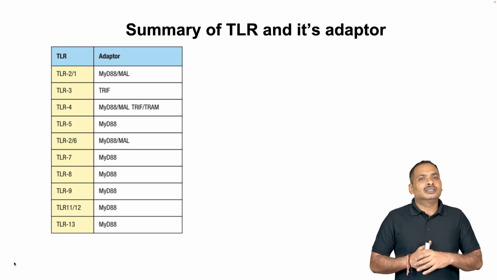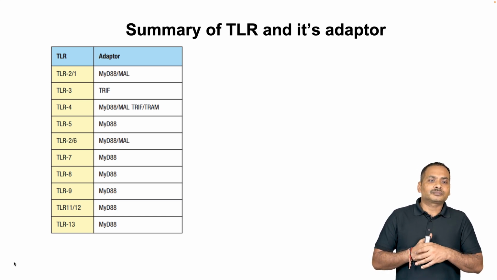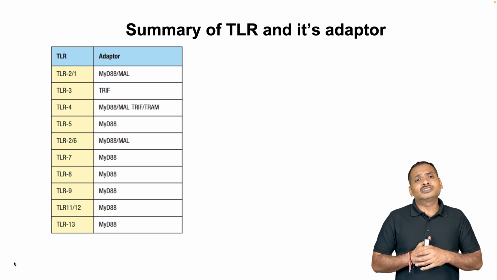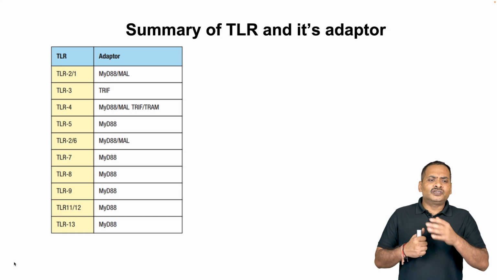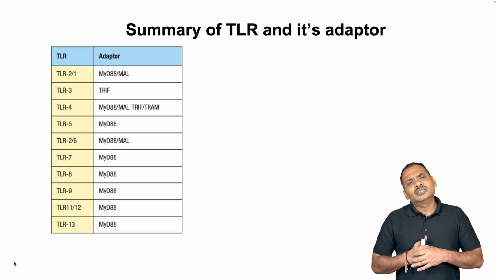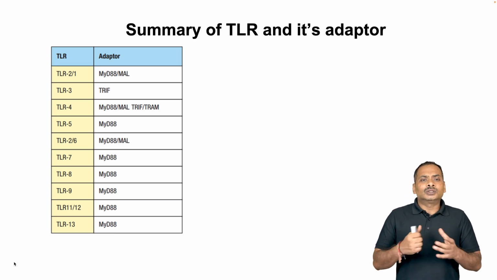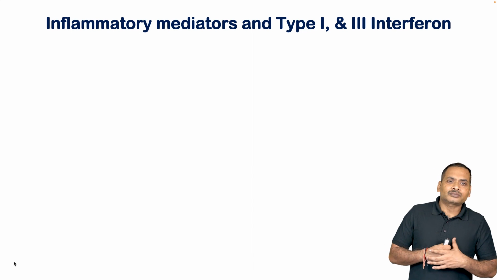This is the name of the same molecule, TIRAP and MAL. It also uses TRIF and TRAM, and the rest of the TLRs use only MyD88. TLR3 uses TRIF. So, this is the kind of summary of TLRs and their adapters.